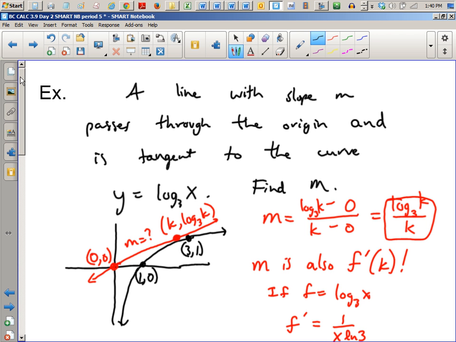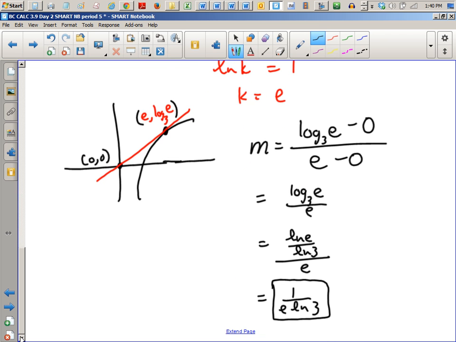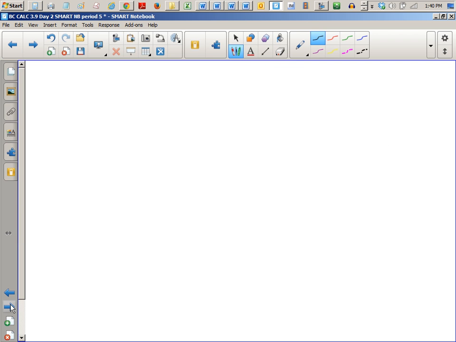I knew the slope then would be rise over run. But at the same time, it has to also be the derivative at k. So I found the derivative at k, and I said equal to rise over run. And it was kind of an arduous road from there. But the ones in your homework are easier than this, although similar. One of them was like that. Okay, let's move on.